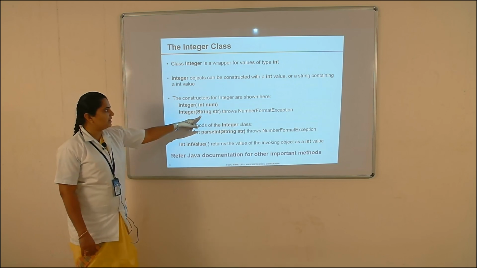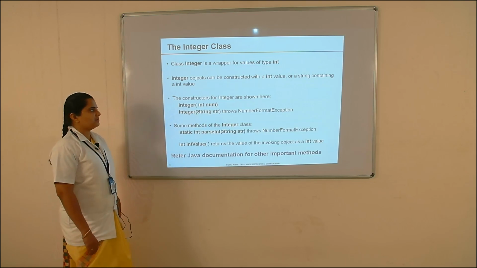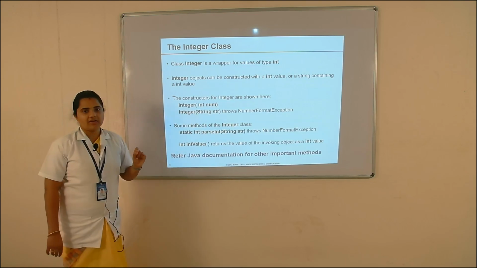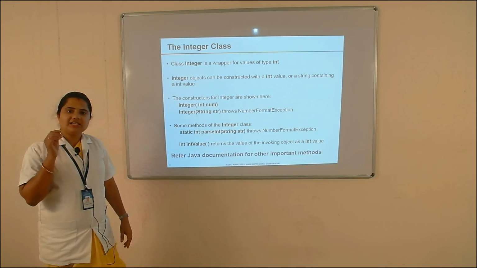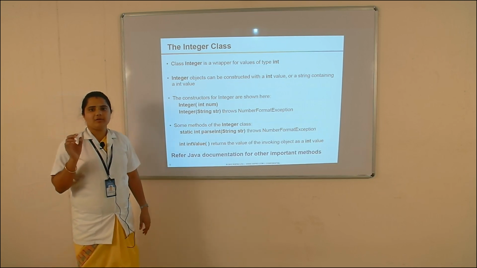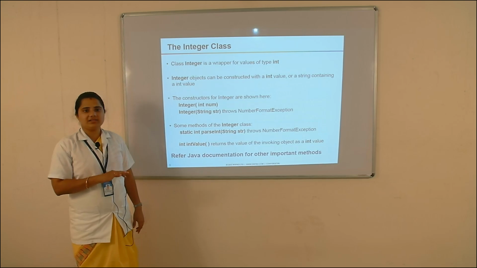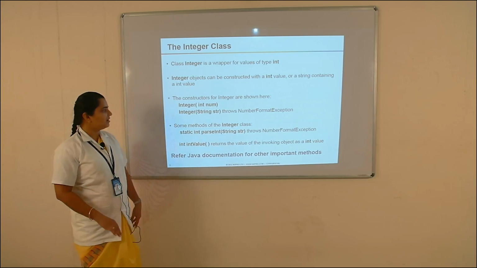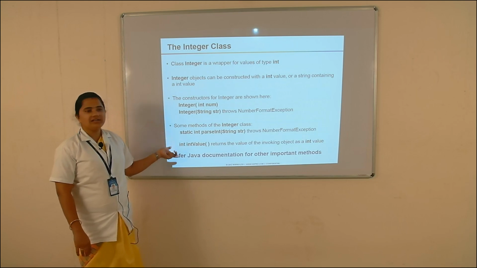When we use a normal string, the NumberFormatException will be thrown. But if the string itself contains number values, like 1, 2, 3, it is a string value but a normal number, and we can convert this into a wrapper class. These are the functions inside the Integer class.